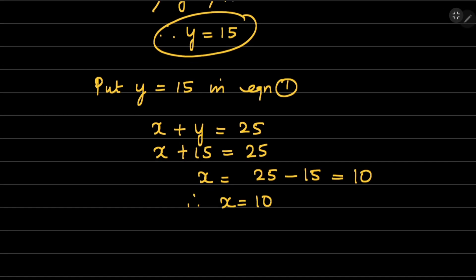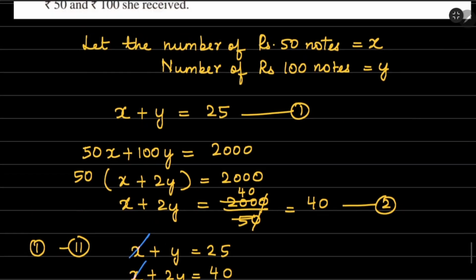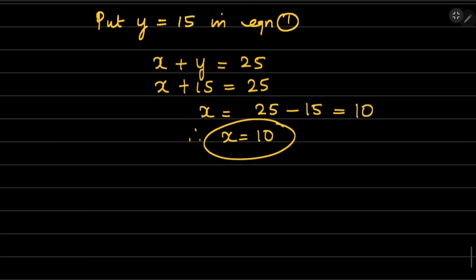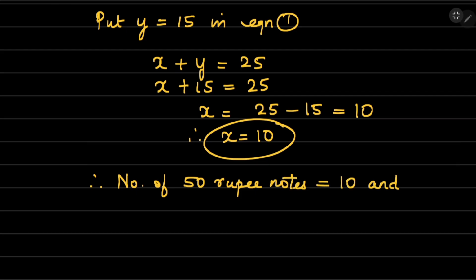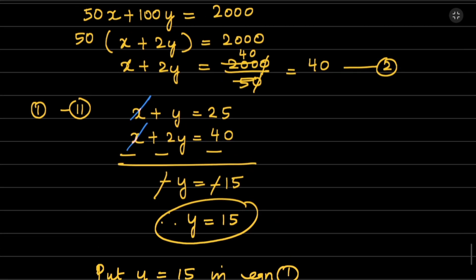X is nothing but the number of 50 rupee notes. Therefore the number of 50 rupee notes is equal to 10, and the number of 100 rupee notes is equal to 15. That's your answer. So totally she would get 10 50-rupee notes and 15 100-rupee notes.